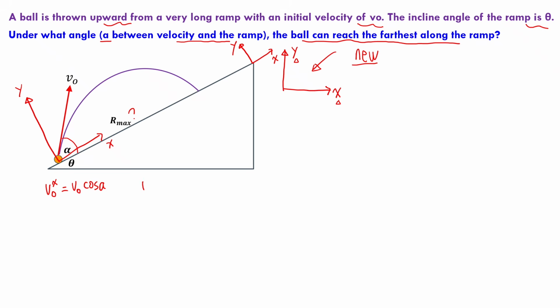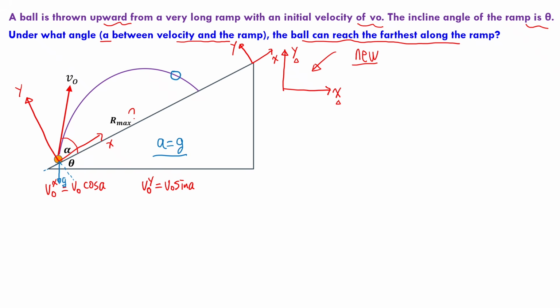And my initial y velocity equals v0 times sine alpha. This is great, but the acceleration becomes a little bit tricky because when the ball is in the air, the only acceleration is g.